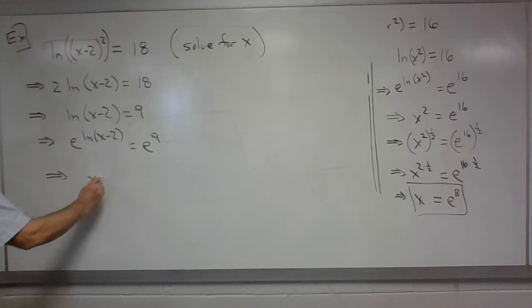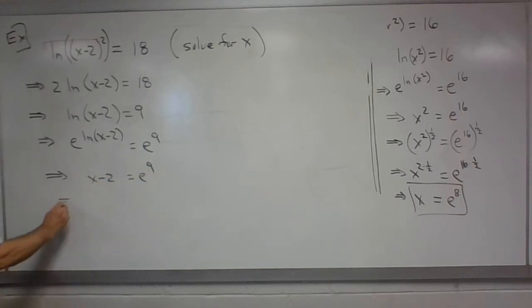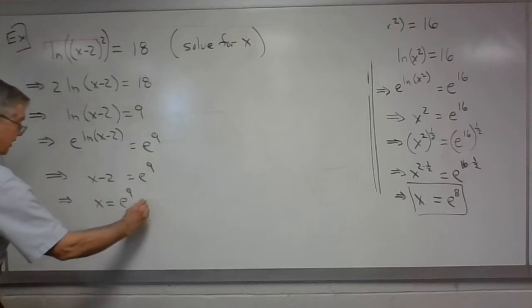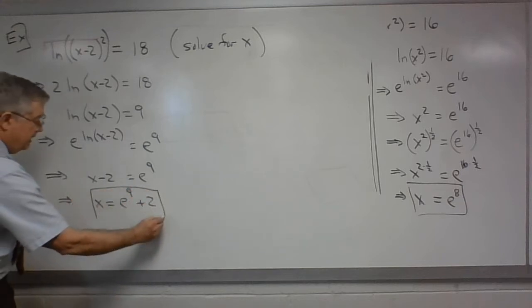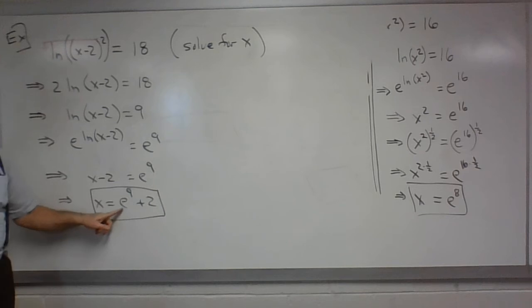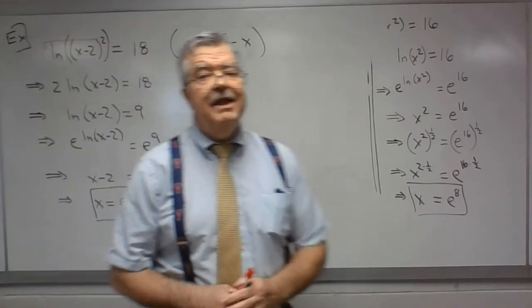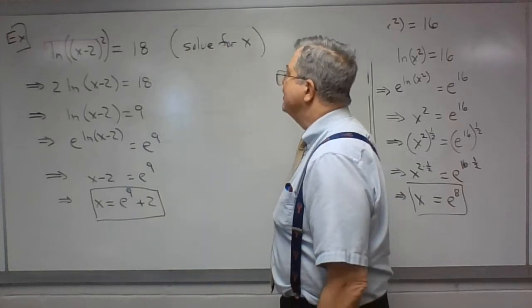So I'm going to get x minus 2 is equal e to the 9th. And that will give me x equals e to the 9th plus 2. That's my solution. What does e to the 9th plus 2 equal? I have no idea, but my calculator does know.